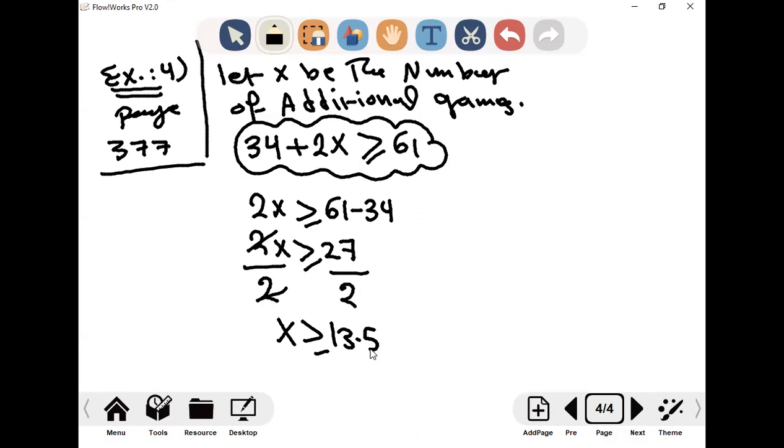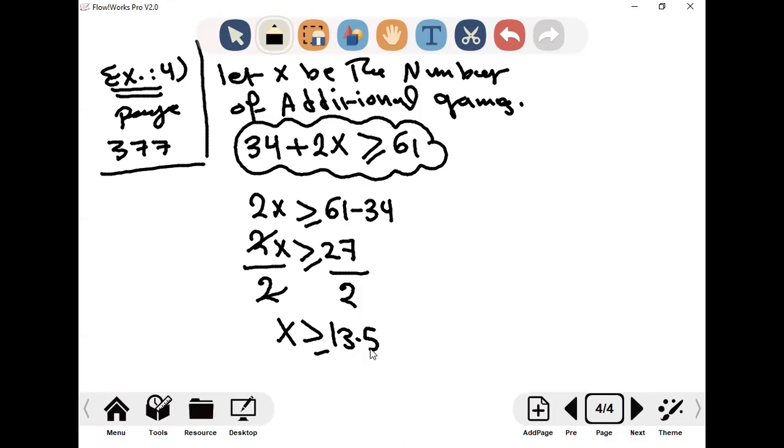Is this 13.5 acceptable? It's fine, he plays only the first half. He needs 13.5 games. Yes, he can play, right?